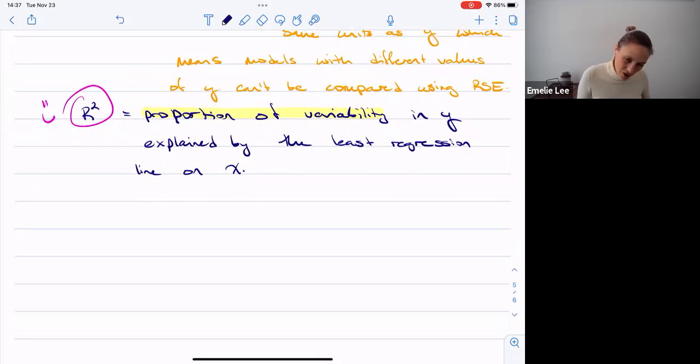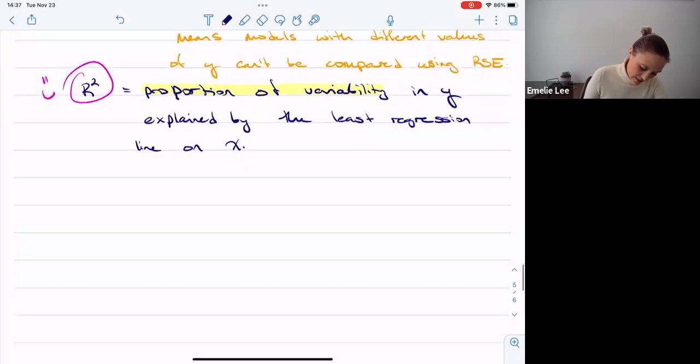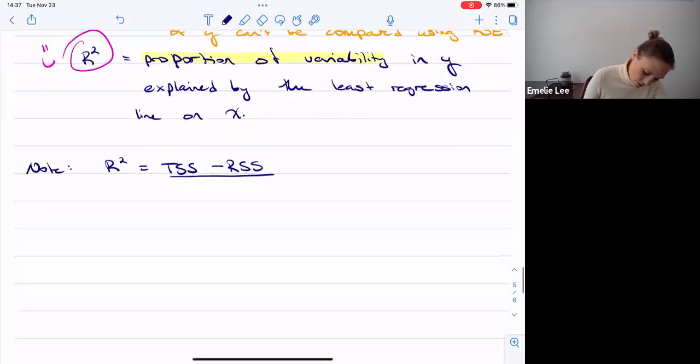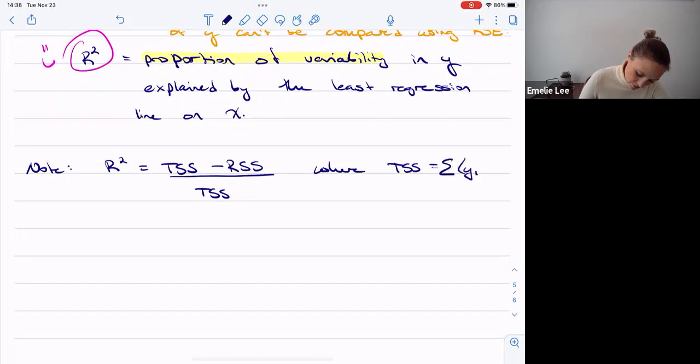Now, as a formula, we can find R squared, and there's a couple of different ways that we could do it, but just as a side note, R squared is actually the total sum of squares minus the residual sum of squares over the total sum of squares, where the total sum of squares is the sum of yi minus y bar squared.